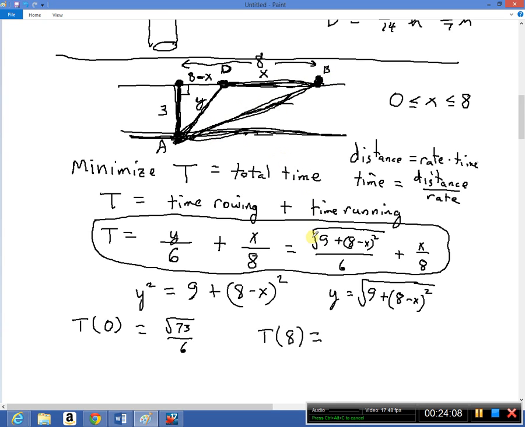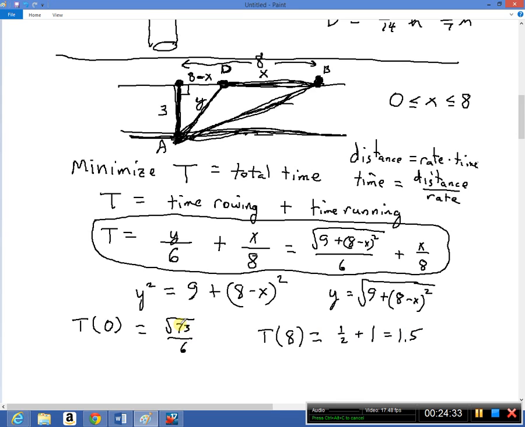So how much time is that going to take you? Well, you just plug into your formula. X equals 8. So this term goes away, and you're left with the square root of 9, which is 3, over 6, which is 1/2, plus now you've got 8 over 8, which is 1. So this is 1 1/2, 1.5.